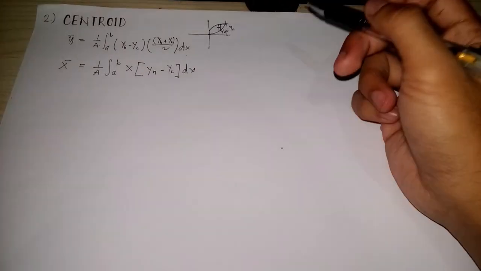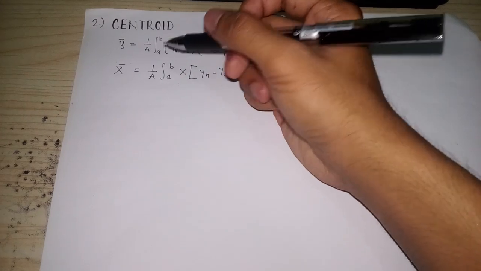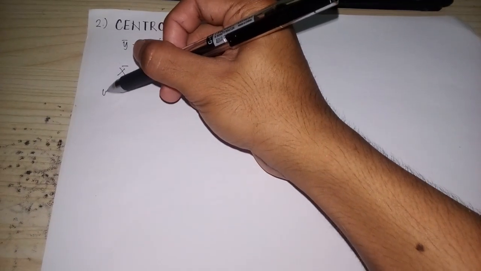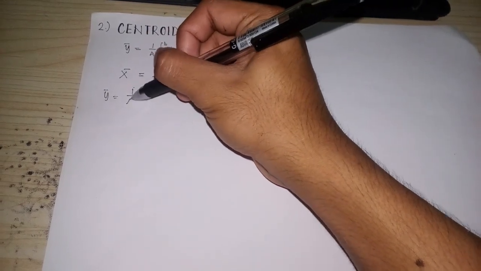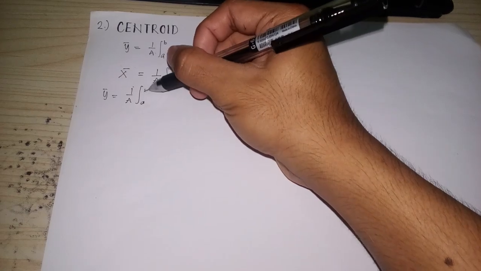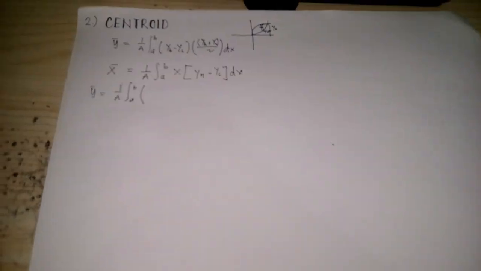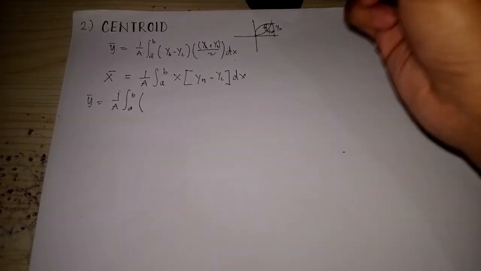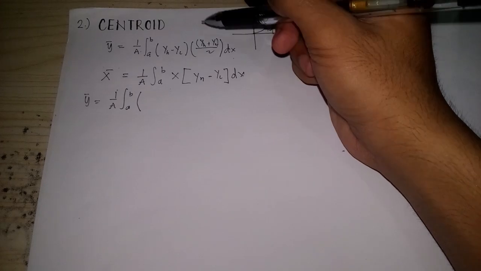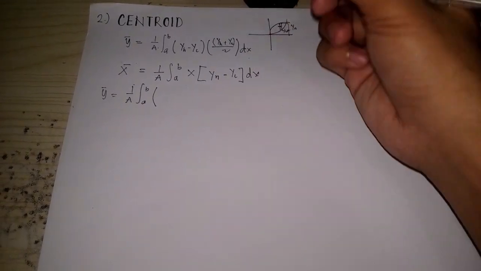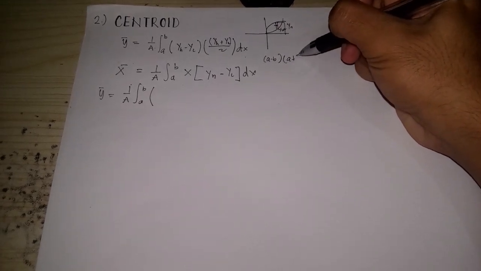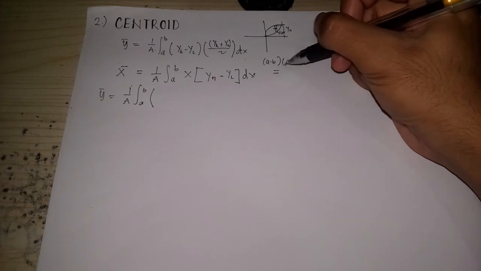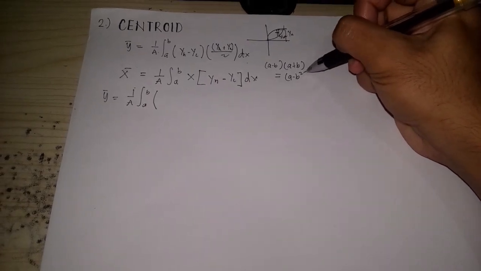Thus now let's start with solving the bar y. So now we have 1 over A, right? So 1 over A, so from a to b. So if we multiply this to the top, it is in the form of a minus b, then a plus b is equal to a minus b squared.